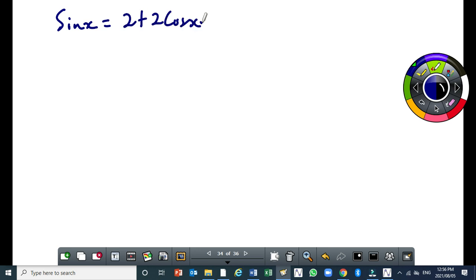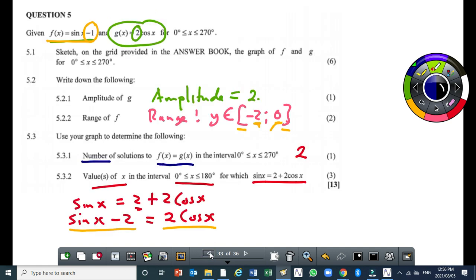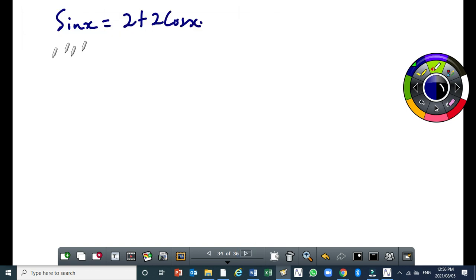We have to manipulate this equation based on the equations for f of x and g of x, together with the graphs that we have drawn. We work with all those things together. So I can rewrite this as sine x minus 2 equal to 2 cos x.